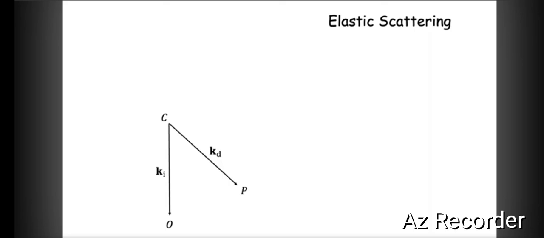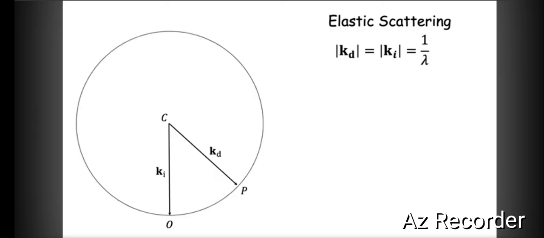This is the assumption of elastic scattering. Under these conditions, Kd and Ki will have the same length equal to 1 by lambda. Since they have the same length, one thing we know about Kd is that if I draw a sphere with center at C and radius 1 by lambda, Kd will end somewhere on this sphere.